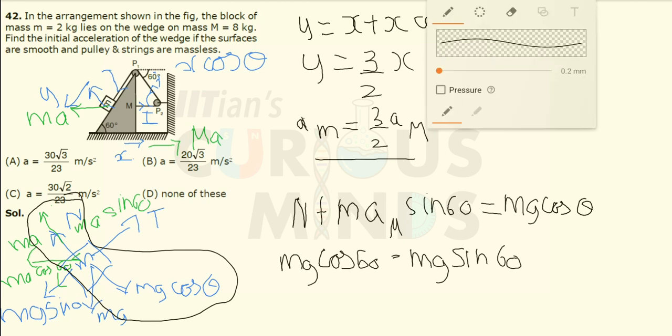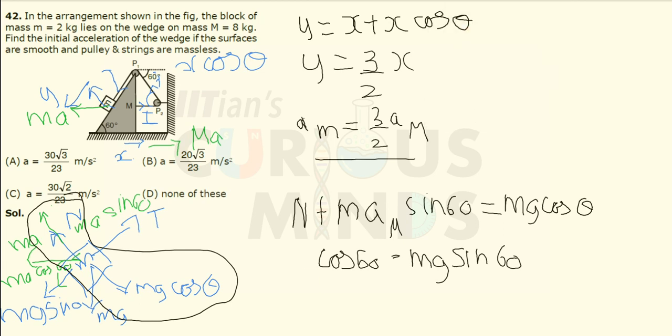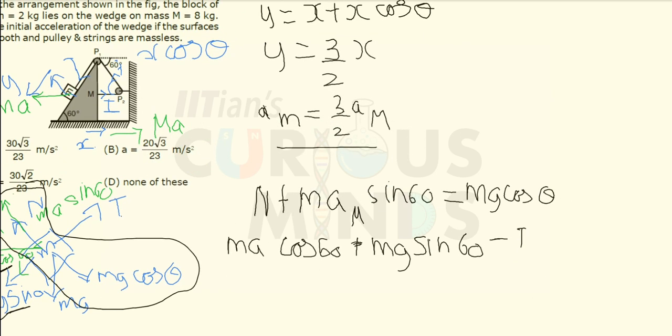Sorry, this is equal to m a cos 60 minus mg sin 60 minus tension. The m a cos 60 and the mg sin 60 components are both in the downward direction, minus the tension, which is in the upper direction, is equal to mass times the acceleration of the smaller block, let it be m a_m. So this is the second equation.